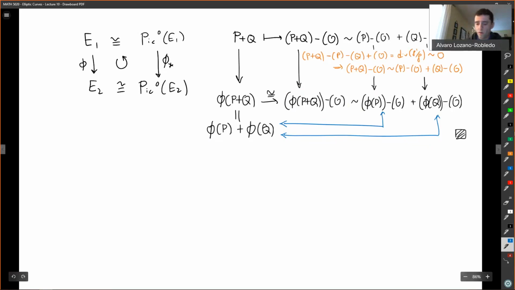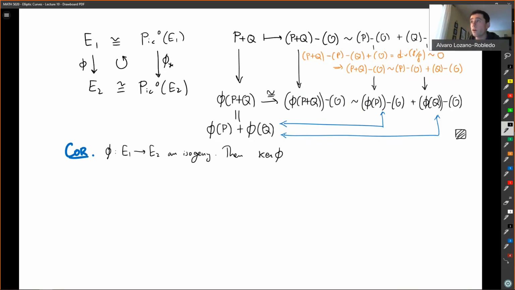All right, so now one corollary of that is that if phi from E1 to E2 is an isogeny, then the kernel, now that we know it's a group homomorphism I can call it the kernel, which is phi minus 1 of O, the points that map to O, is a finite subgroup of E1.